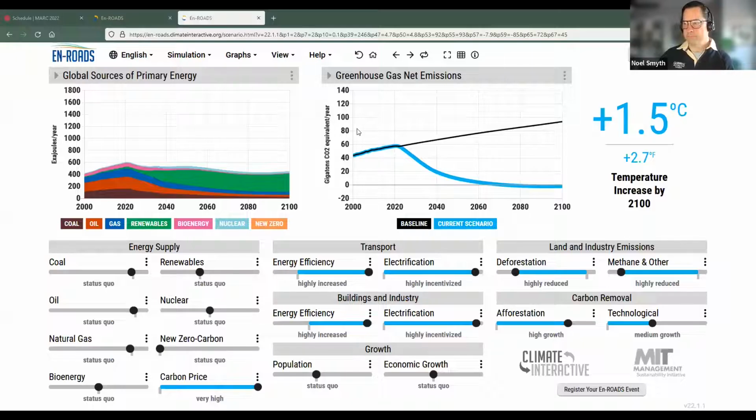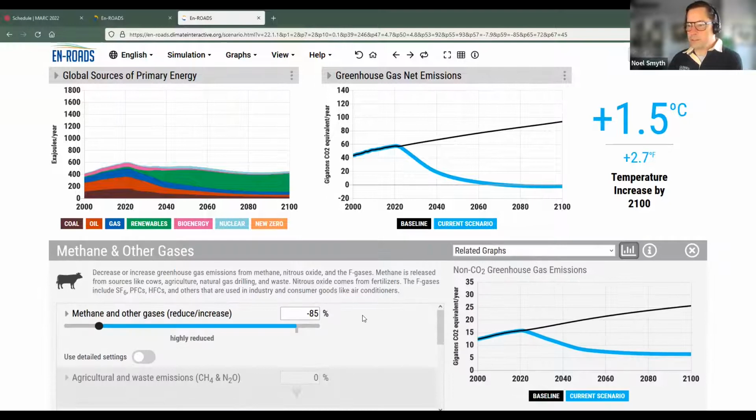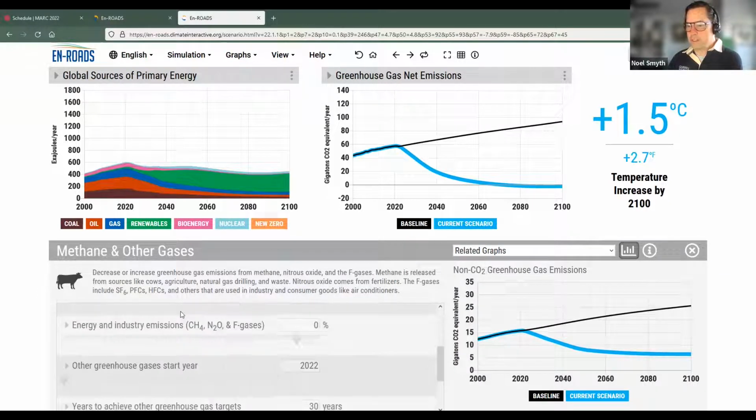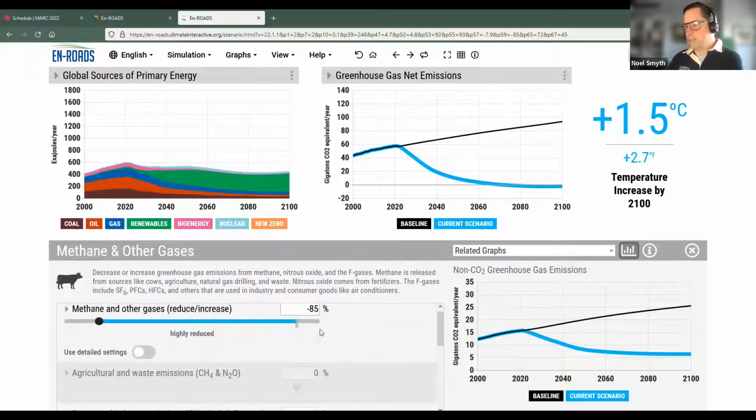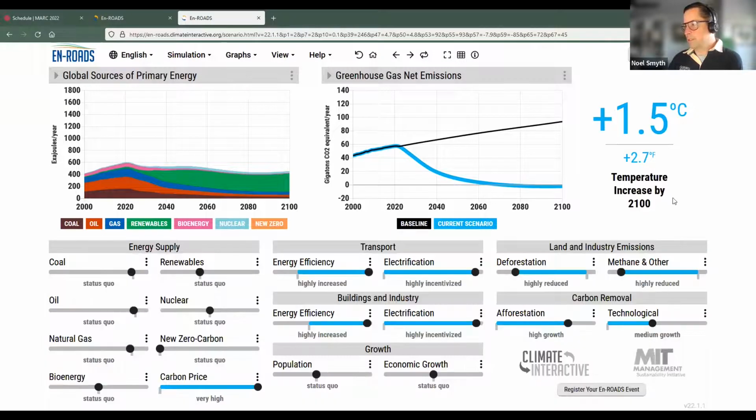So you see my screen down here on the methane and other, you can bring that one up and see the things that it hits. I believe it's got the energy and industry emissions, CH4, N2O, and the F gases. You can go ahead and specifically target a reduction in those gases as part of that lever. So yep, it does include that as well.